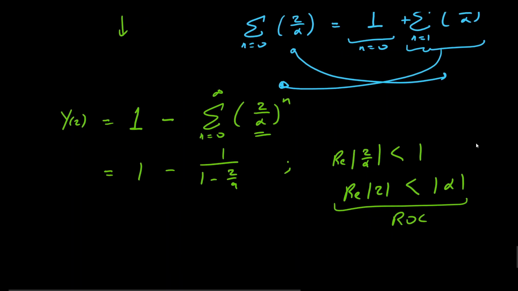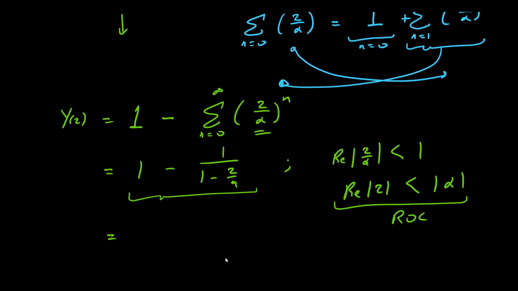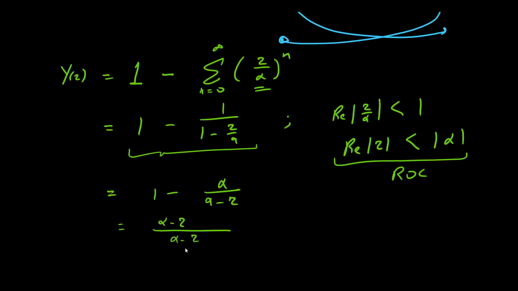But we can simplify the algebraic expression further. So let's simplify this first. We would have 1 minus alpha over alpha minus z, and then taking the LCM we have alpha minus z minus alpha over alpha minus z. So this would cancel off and we can have an expression which is z over z minus alpha, our y of z.